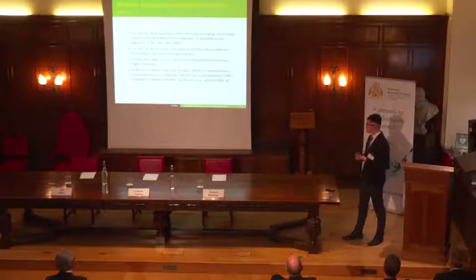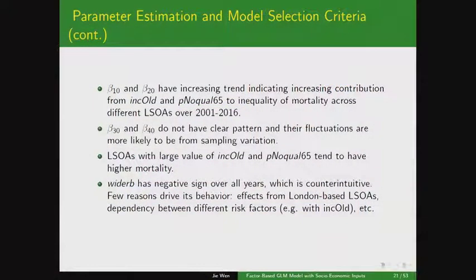And for the wider barrier score, because it's related to housing affordability and housing overcrowding, it acts as a kind of interacting factor with other features of the London-based RSOEs.